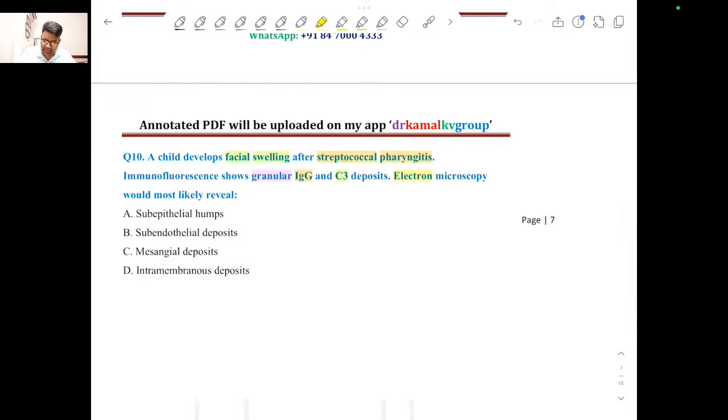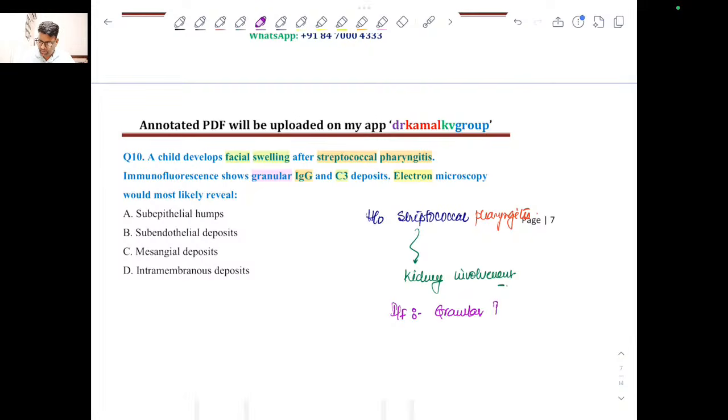So this is a classical case: there is a history of streptococcal pharyngitis, right? After this, there is some kidney involvement, and the child now has, on immunofluorescence, granular IgG and complement 3 deposition.